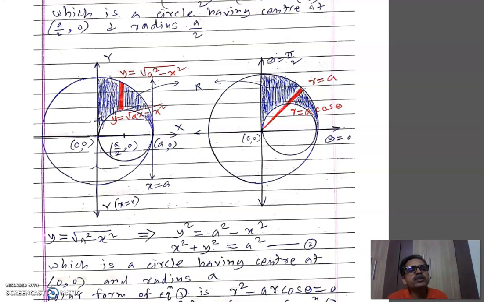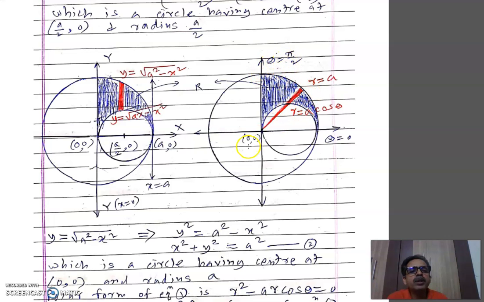Now to find the limits of theta, we have to rotate this radius strip in the anti-clockwise sense so as to cover the entire region. We start the strip from the positive x-axis, where theta is 0, and rotate it anti-clockwise to cover the entire region R. The strip will stop rotating on the positive y-axis, where theta is pi by 2.